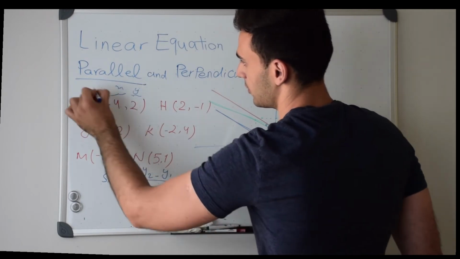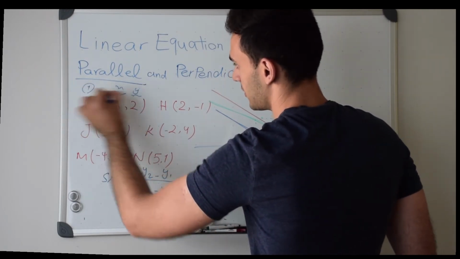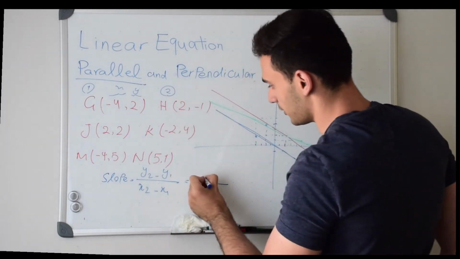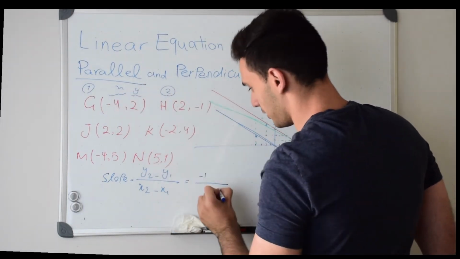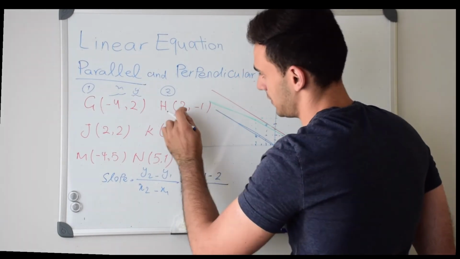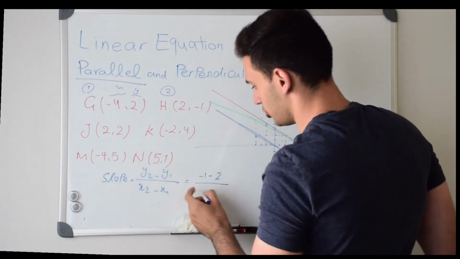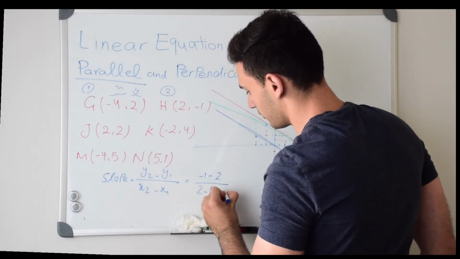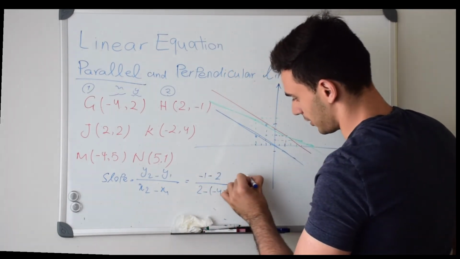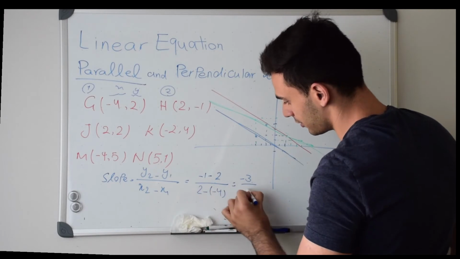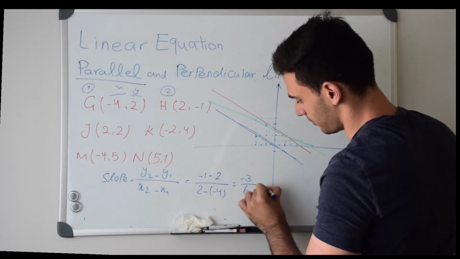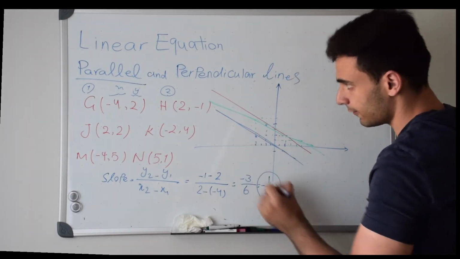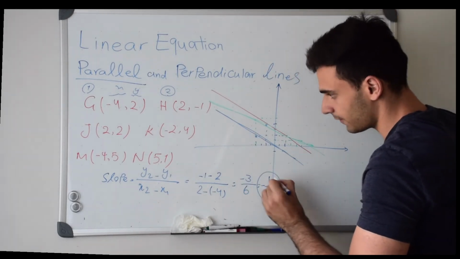This is point 1, and this is point 2. So y2 minus y1 is minus 1 minus 2, and then x2 minus x1 is 2 minus (-4). It's -3 over 6, which is going to be -1/2. That's the slope for line GH.